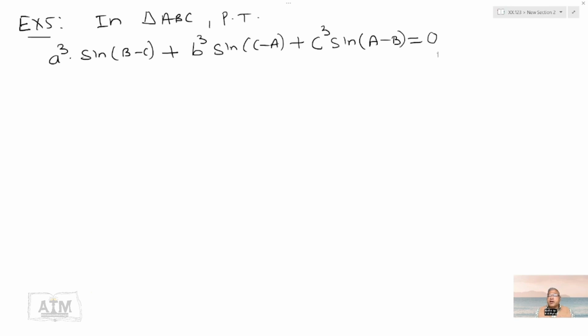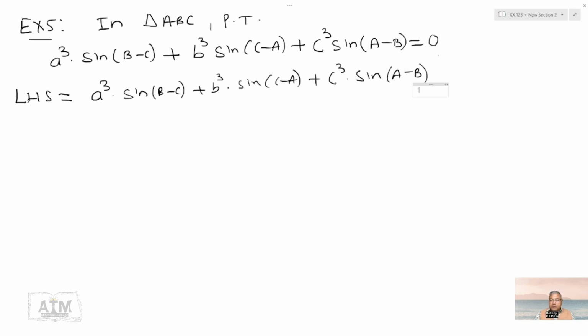Example 5. In a triangle ABC, prove that a cube into sine of B minus C and so on equals to 0. It is a cyclic function. Taking LHS. Now this a cube can be written as a square into a, b cube can be written as b square into b, and c cube can be written as c square into c.